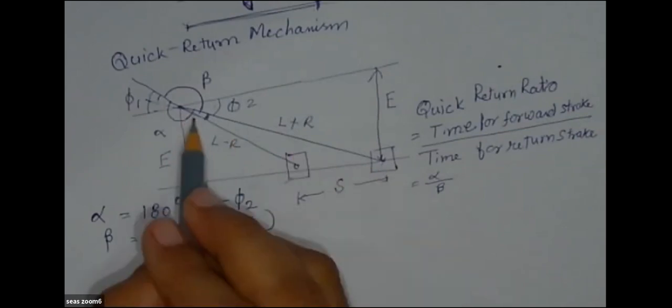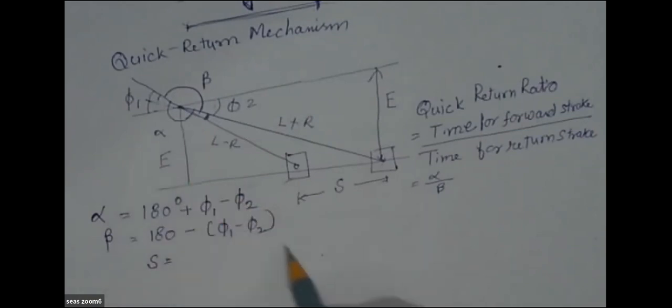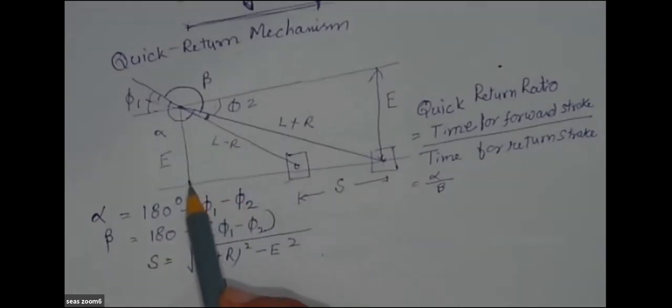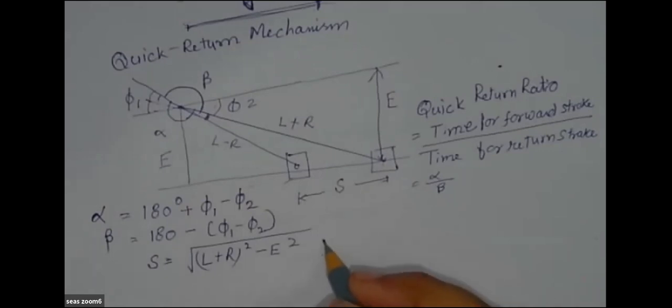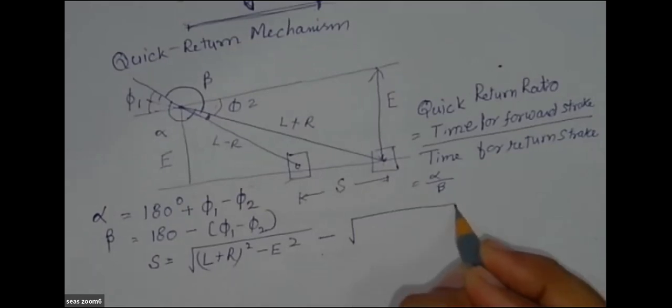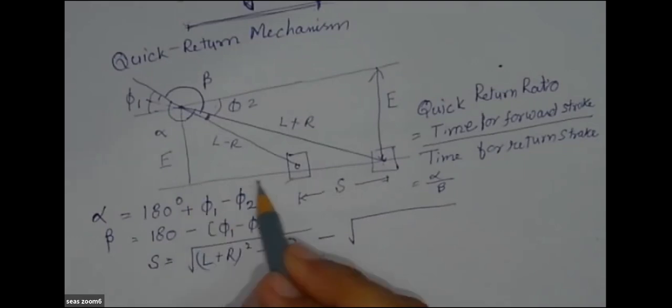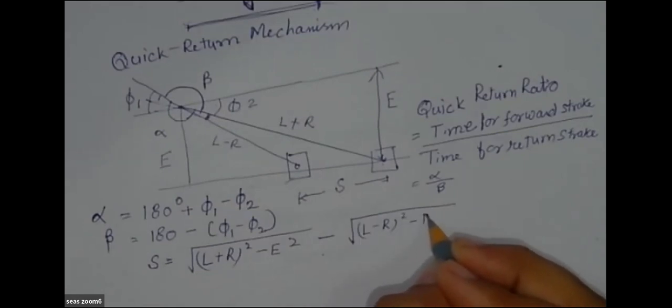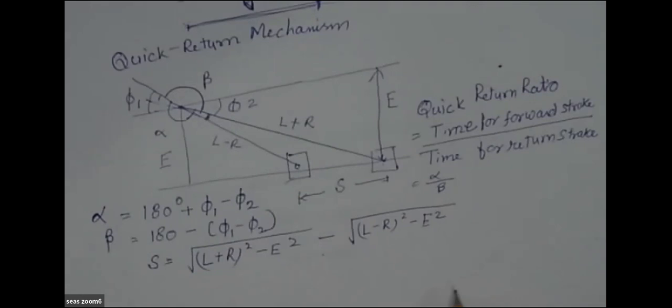So in this bigger triangle from here to here, we can write S is equal to under root (L plus R) square minus E square. So I'm just trying to get the value of this, minus under root, now for this smaller triangle, (L minus R) square minus E square. So this is the stroke length.